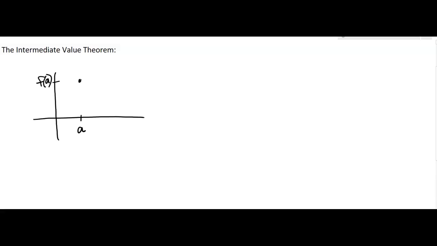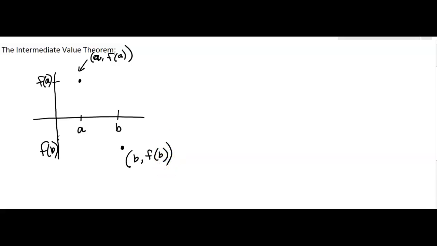So we see A and we see f of A. This point would be A, comma, f of A. Then let's say you have another point over here at B when x is B, but let's say that f of B is negative. Let's say it's down here. Then this point would be B, comma, f of B.